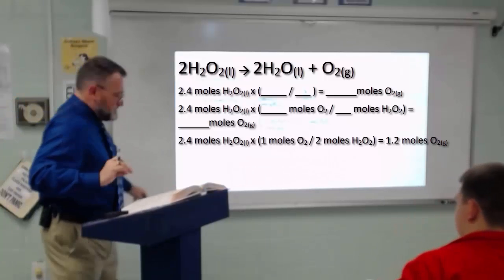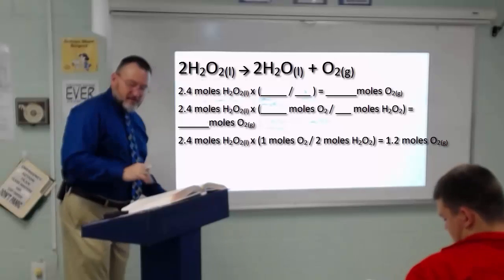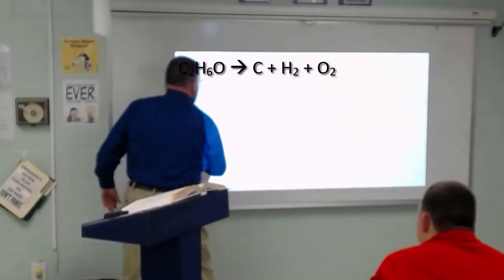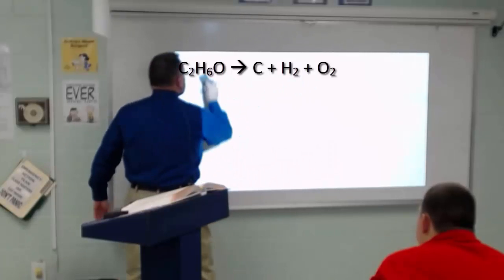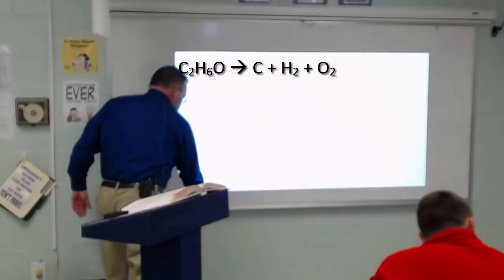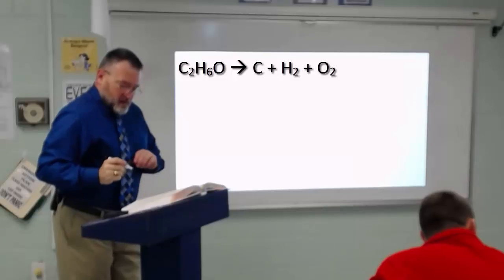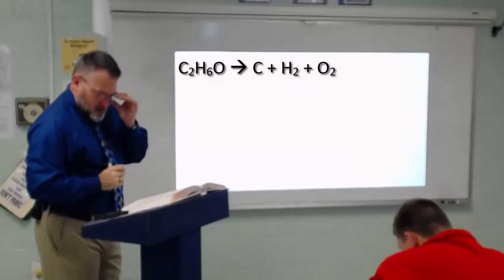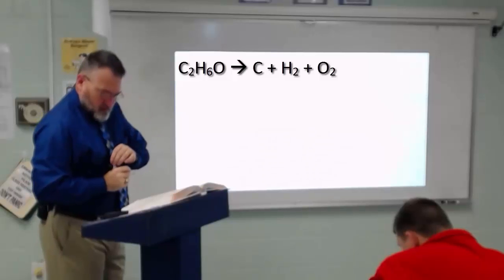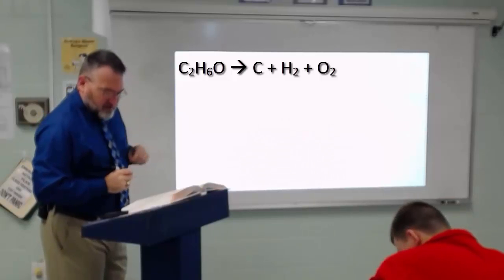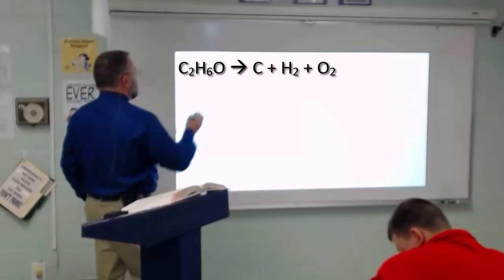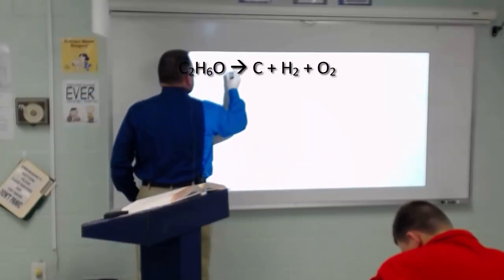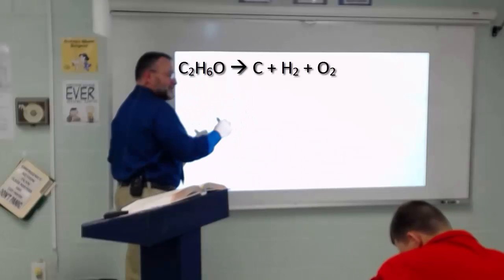Another problem. Second half of 7-8 says, if a chemist, let me clear this first, and we'll go through this. If a chemist has, let's do the composition. Let's write the composition reaction down first. C2H6O. We got CHO again.